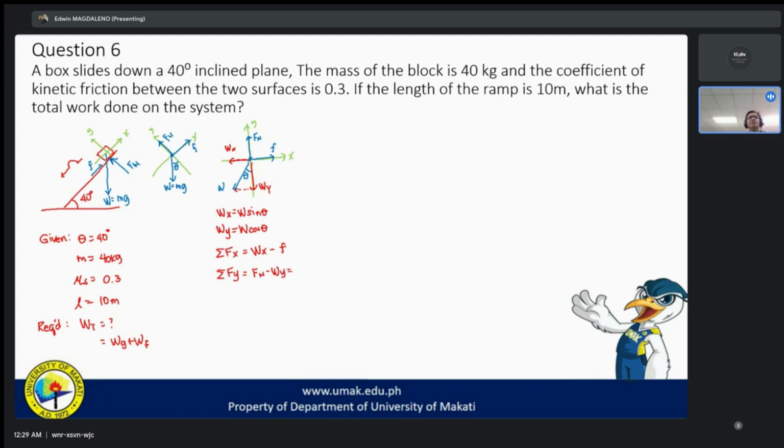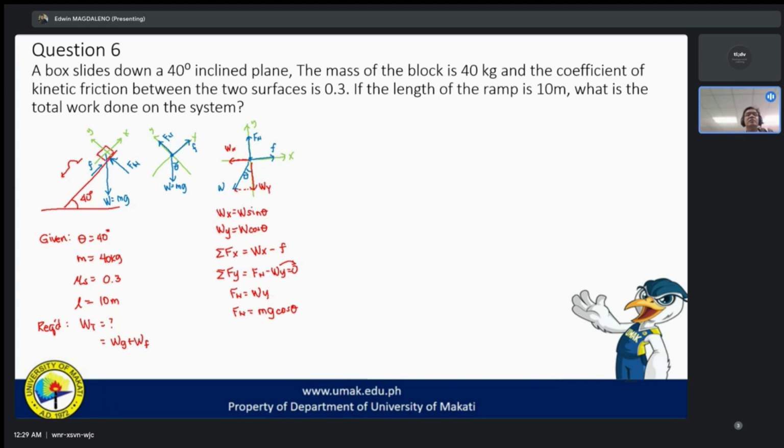That is equal to 0. So the normal force Fn should be equal to the weight along the y-axis, since we could transpose this to the other side. And weight y is mass times gravity times cosine of theta, since Wy is W cosine theta.